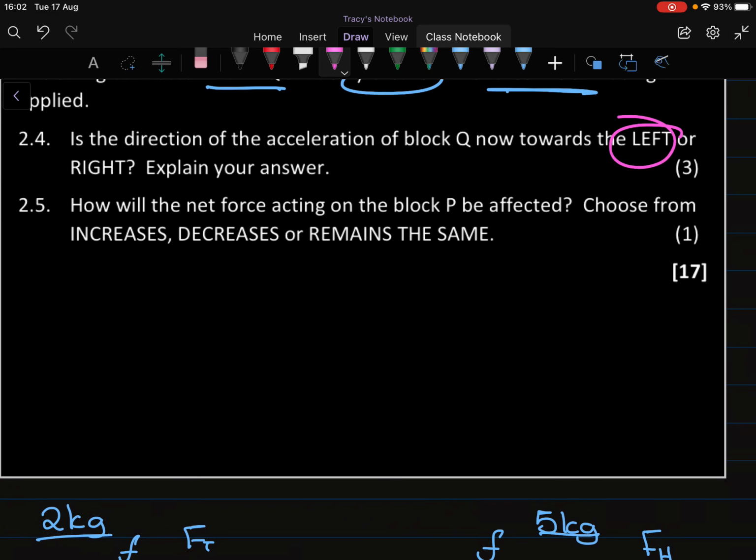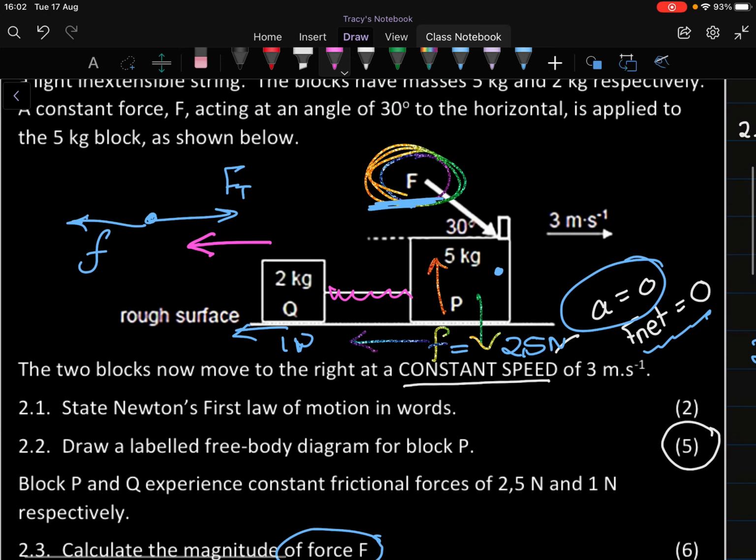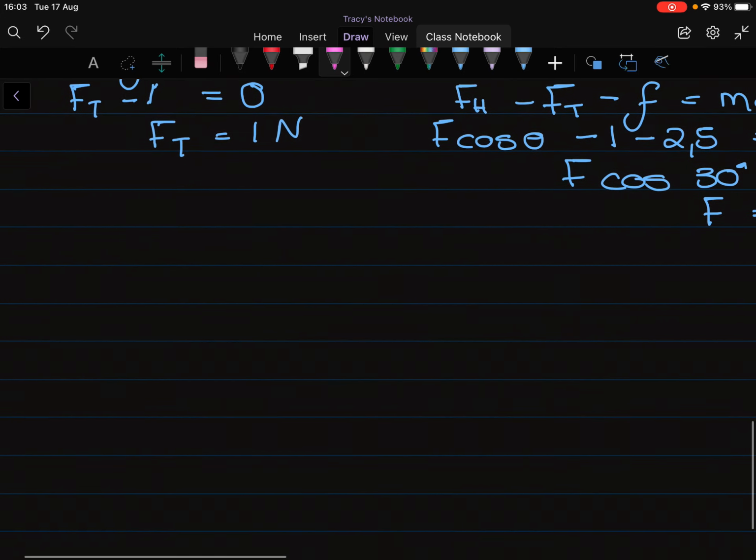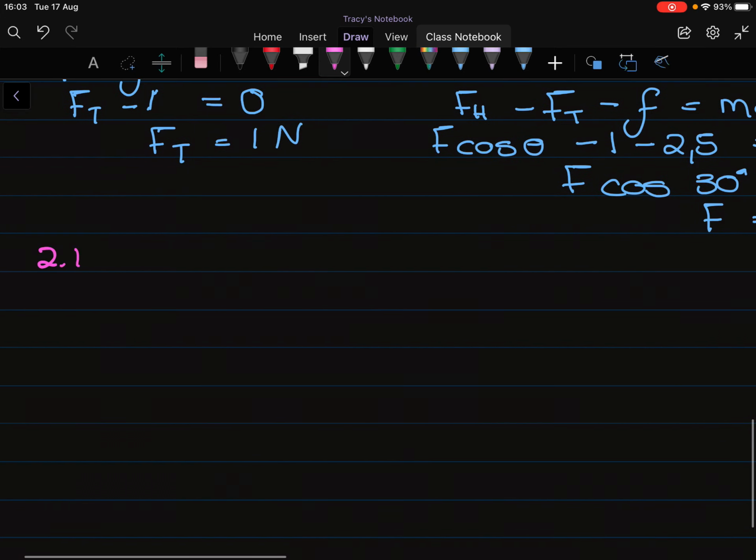Okay, it's going to be to the left. You have to answer the question. Yes, Q's going to the right. It's moving to the right, and the acceleration is to the left. So, when I answer this question, it's going to the left. Why?